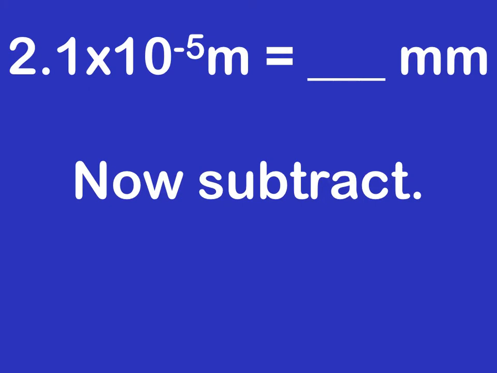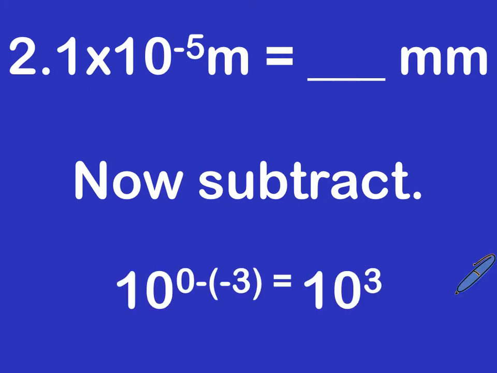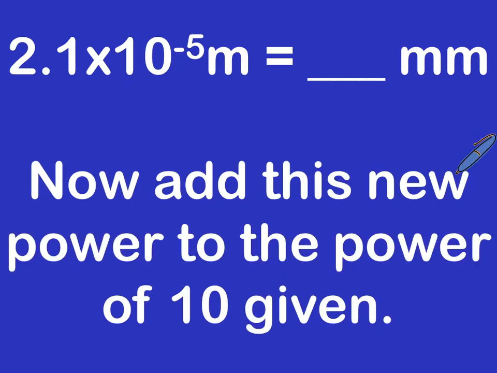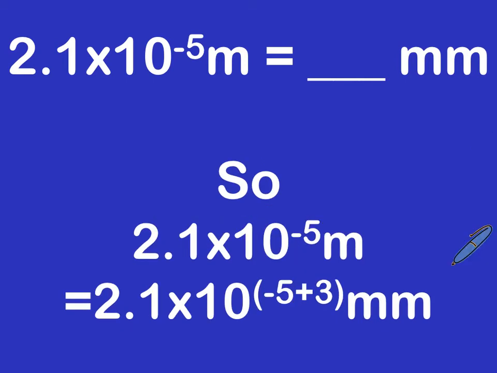All we have to do now is subtract those units. So 10 to the 0 minus a minus 3 is 10 to the third. But we're not done yet because we already had this 10 to the minus 5, so we've got to put those two together. So we add the new power to the power of 10 that was already given. So I have 2.1 times 10 to the minus 5 meters.